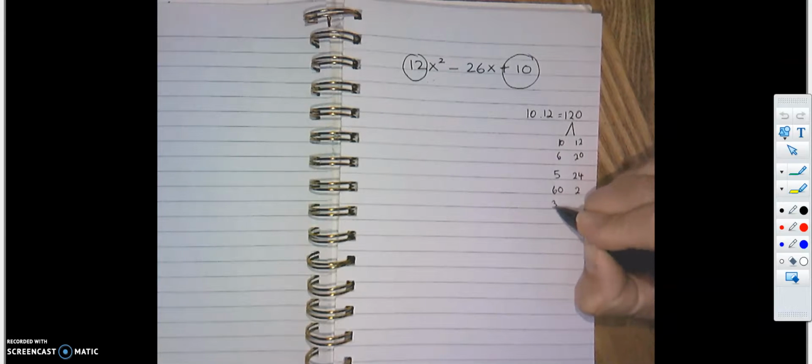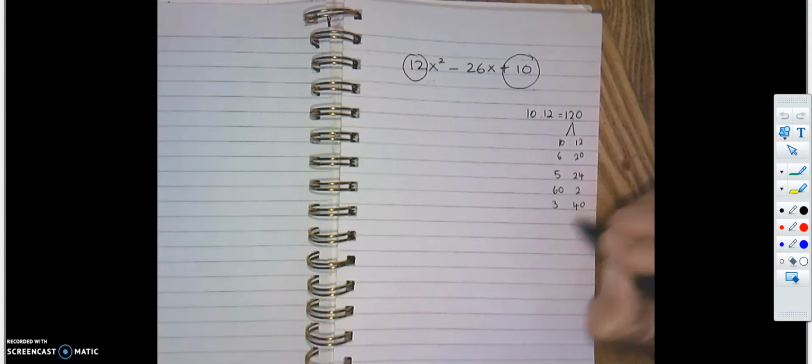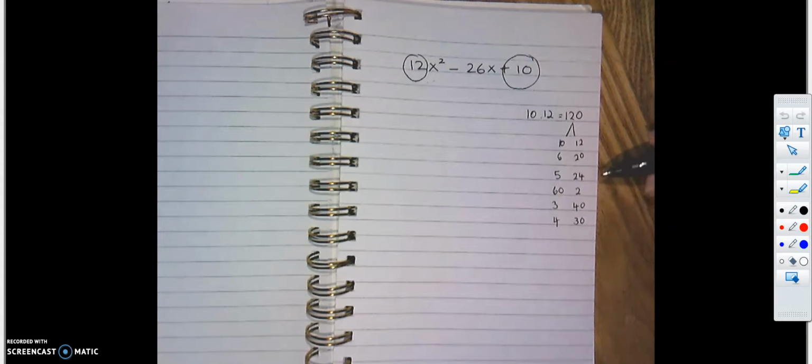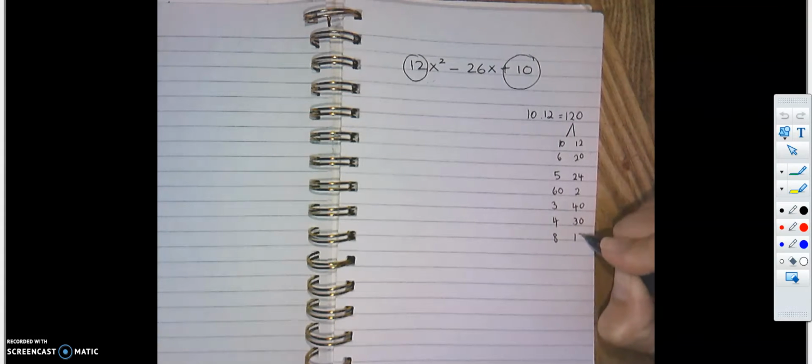You'll have 3 and 40. You've got 4 and 30. You have 5, you have 6. You don't have 7. You don't have 8. Or do you? You do. You have 8s. Okay? 9s you don't have. 10s you have. And so on.